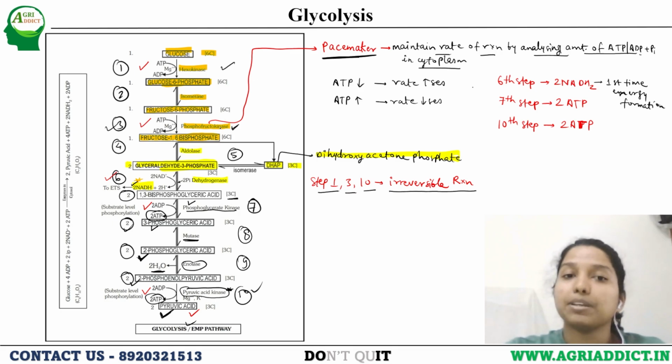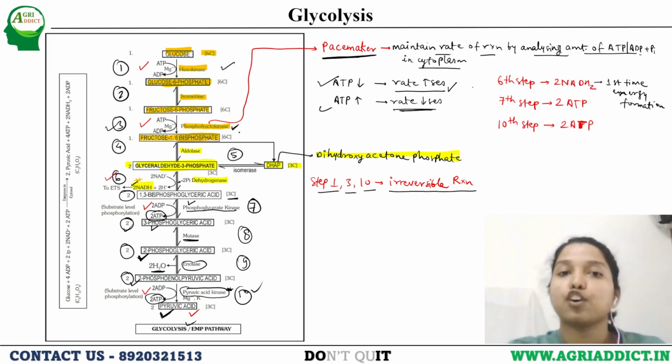If this enzyme recognizes that ATP is less in the cytoplasm, then the rate of forward reaction will increase. Whereas if it recognizes that ATP is more in the cytoplasm, then the rate of reaction decreases. That's why we call phosphofructokinase the pacemaker.